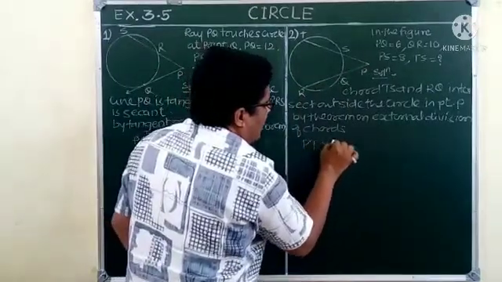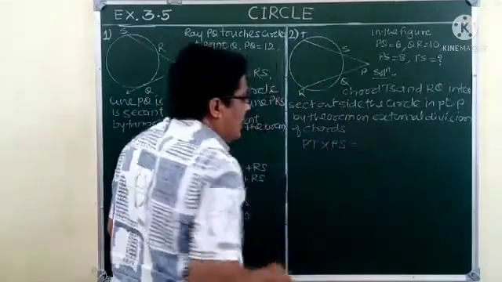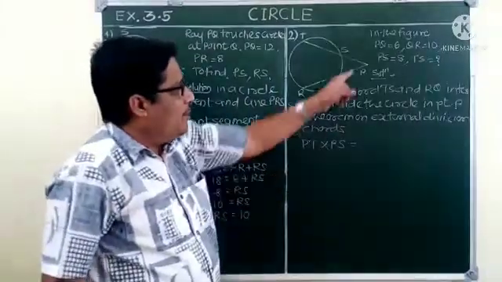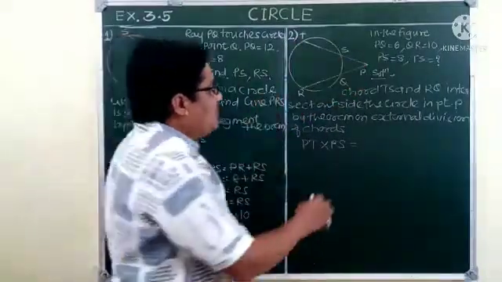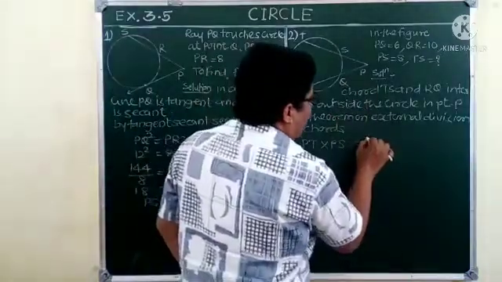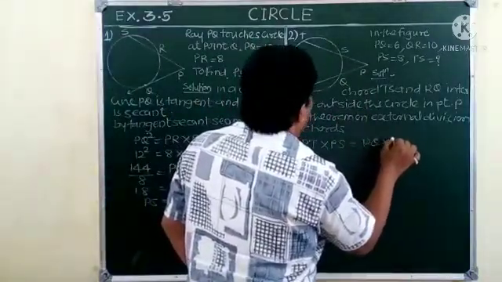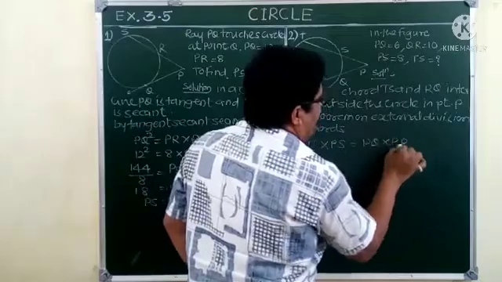PT मल्टिप्लाइड बाय PS. हे जे आहेत हे दोन सेगमेंट हे पॉइंट P पासून तयार होणार आहे, PS आणि PT. त्याच पद्धतीने या साइडला येईल PQ मल्टिप्लाइड बाय PR.